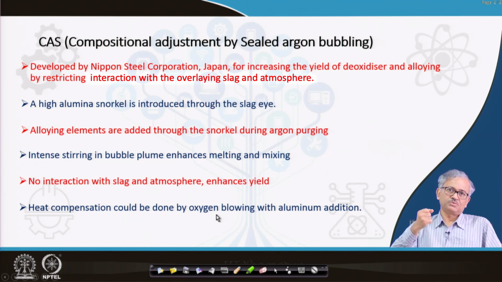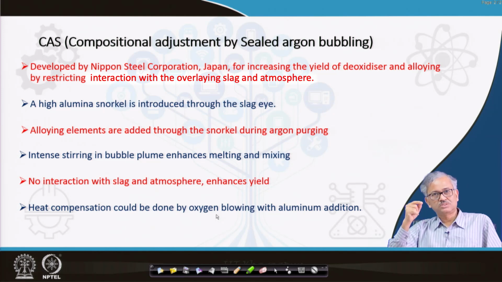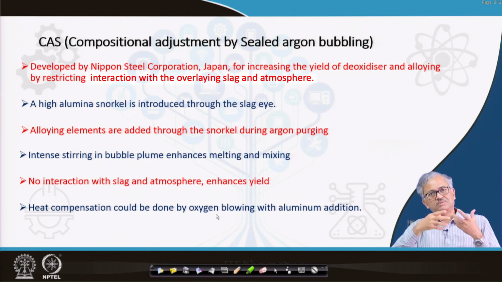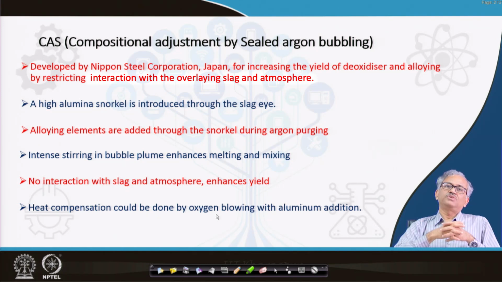There is an option for the CAS-OB process, oxygen blowing from the top. You can add some aluminum and then some oxygen, and then you can oxidize the aluminum and generate a lot of heat. Obviously you are generating some impurity, but because of intense stirring, the inclusions are supposed to get separated.